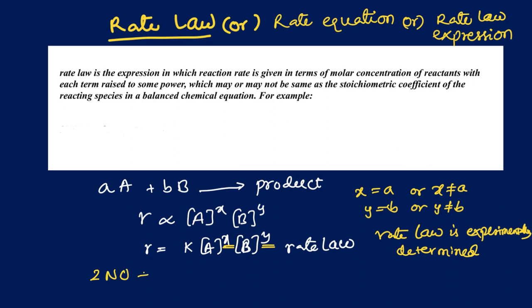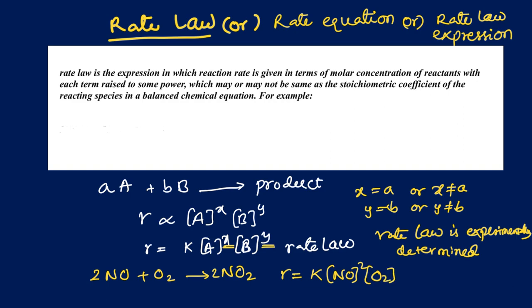One more example, I am giving a general one: 2NO plus O2 gives rise to 2NO2. Two nitrogen, two oxygen plus two oxygen, four; this is balanced. Now, with respect to this equation, I will write the rate law. Rate = k [NO] power 2 [O2] power 1.